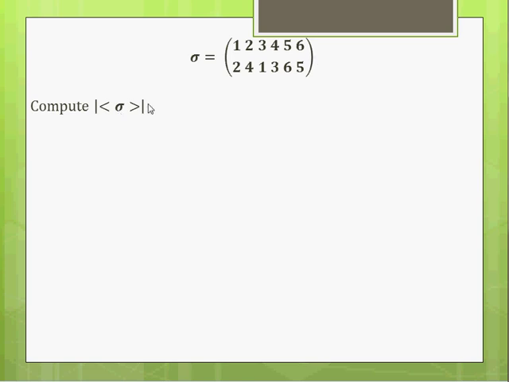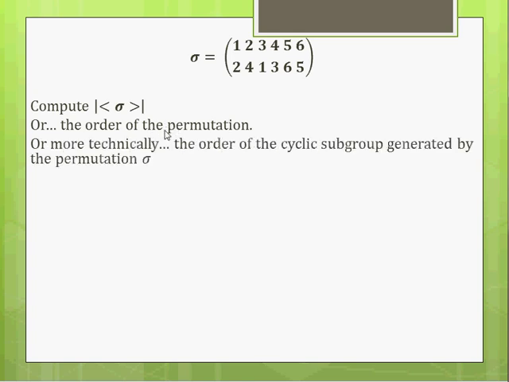So it's an example of having subgroups and groups that aren't just numbers. They could be other things too. And this is one of those cases. They can be permutations. So this is the order of the permutation, or you could say it another way, the order of the cyclic subgroup generated by the permutation sigma.